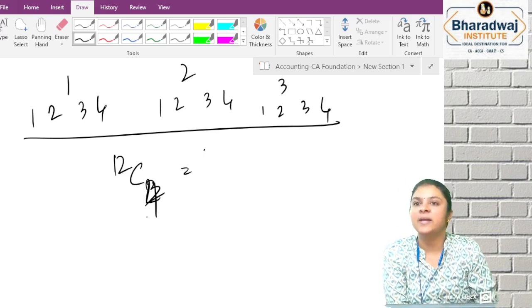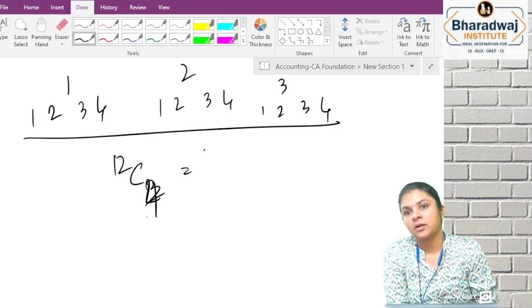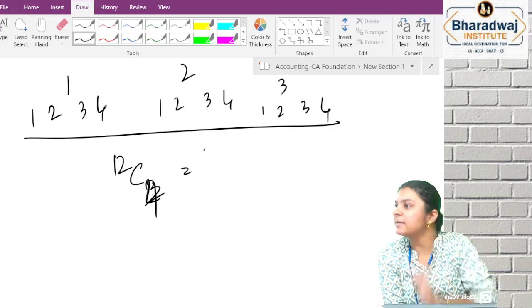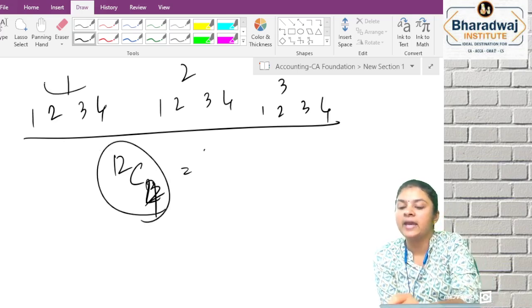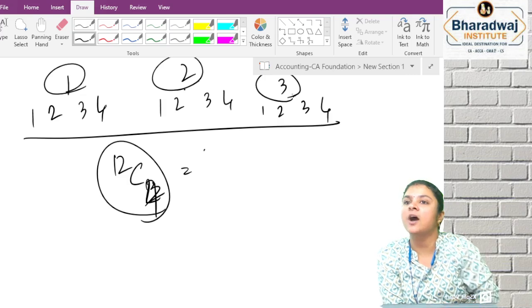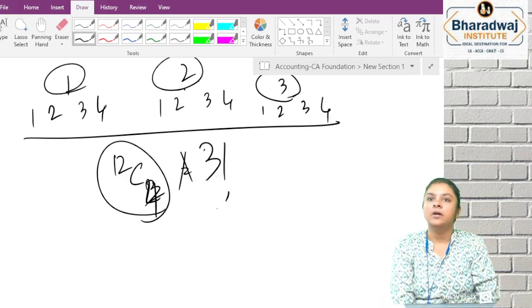So answer is 12C4, into 3 factorial. Because 12C4 is the selection. Now remember, each boy can take either the first prize or the second prize or the third prize, so into 3 factorial.